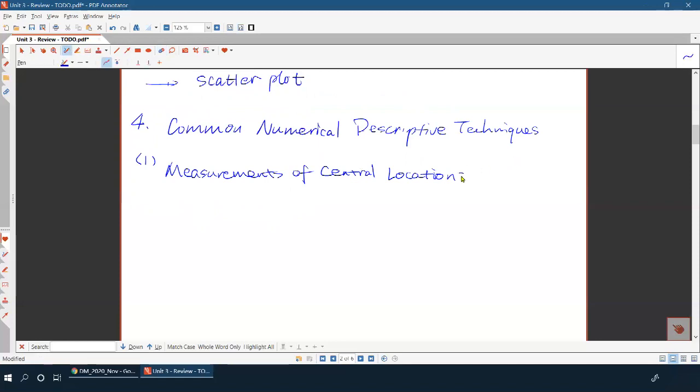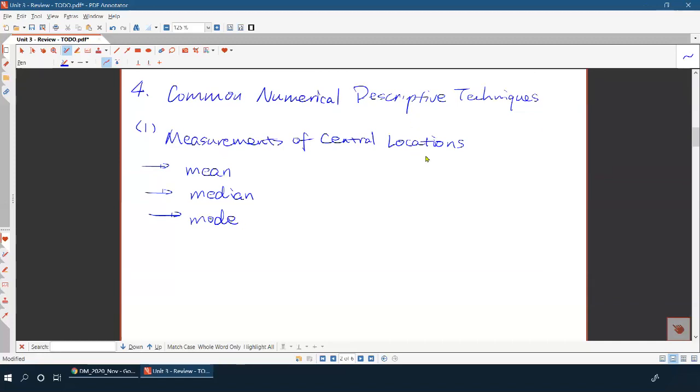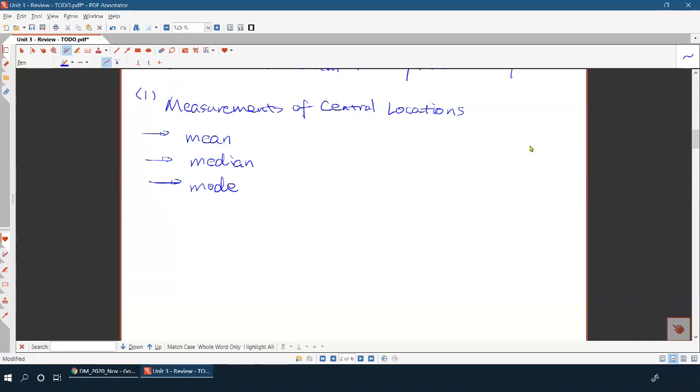Okay, these measurements include mean, median, and mode. Okay, you need to be able to tell the meaning of each measurement. And you will also need to be able to calculate mean, median, and mode given a set of population or a sample.